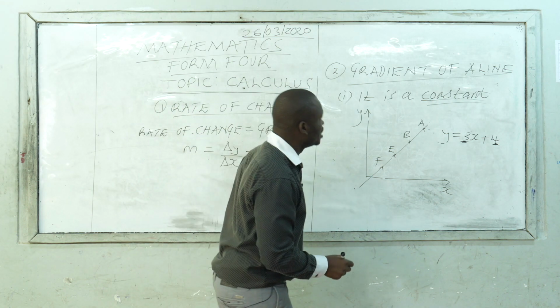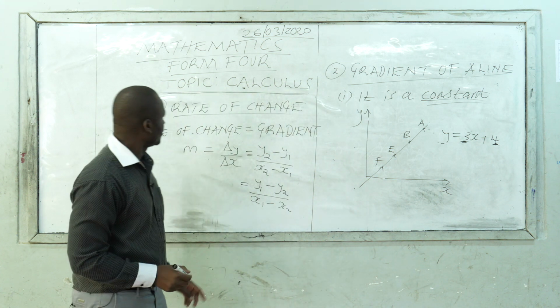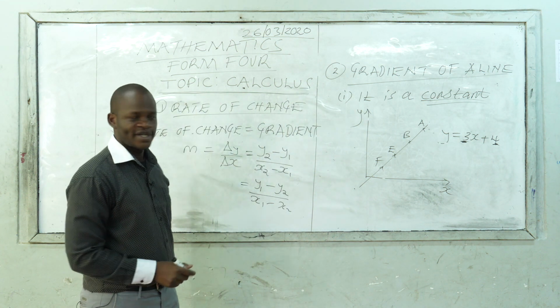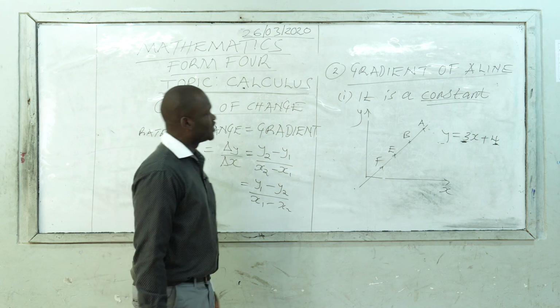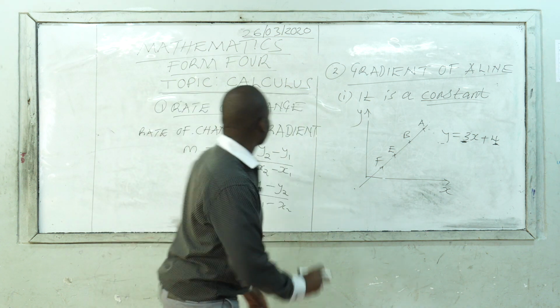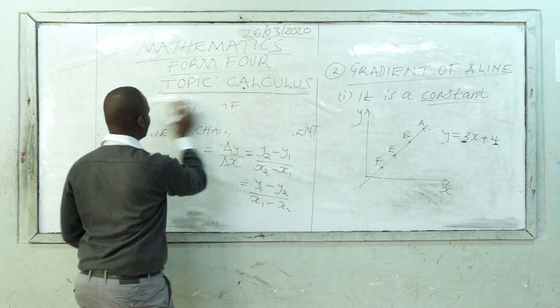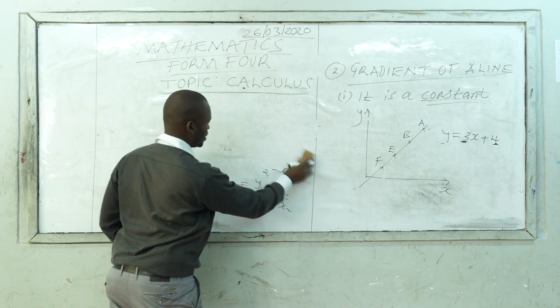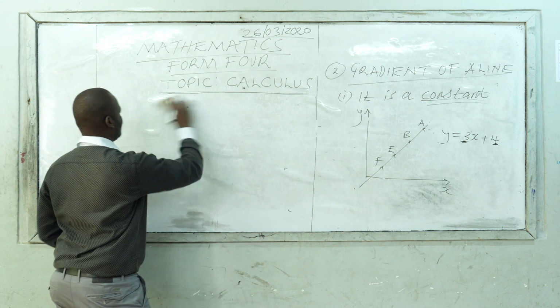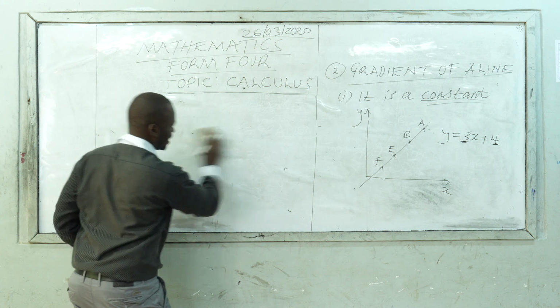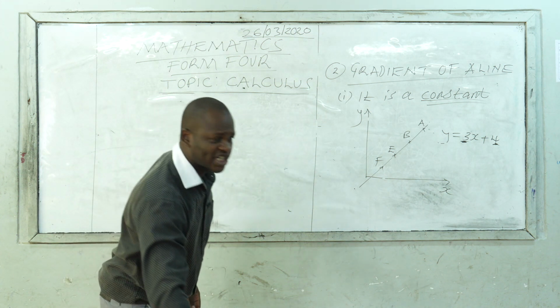That's the second thing we have looked at in our introduction of calculus. We go to the third item, which will be in regard to the nature of the gradient of a straight line.